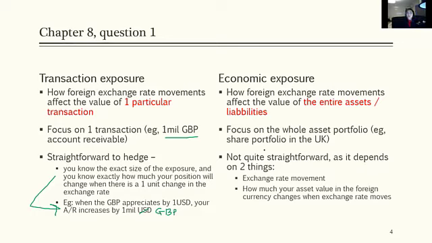It's not as straightforward as transaction exposure. To measure economic exposure, you need to measure two things. The first is, of course, how much the exchange rate moves. And second, how much your asset value will move when the exchange rate moves as well. In problem 3 today, we will illustrate how to measure economic exposure.